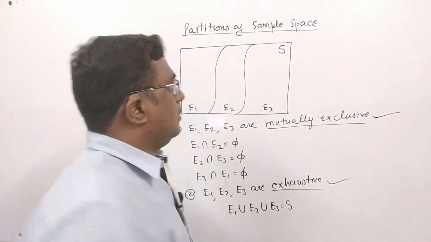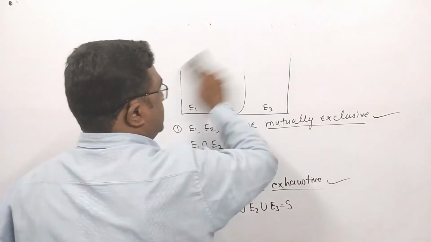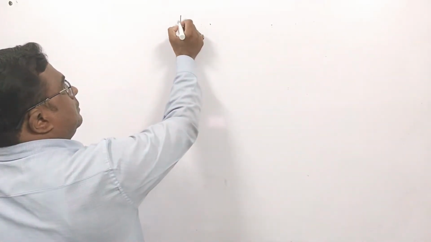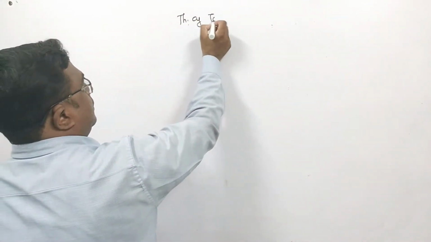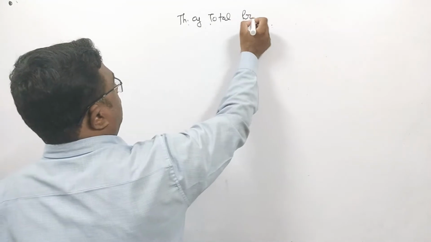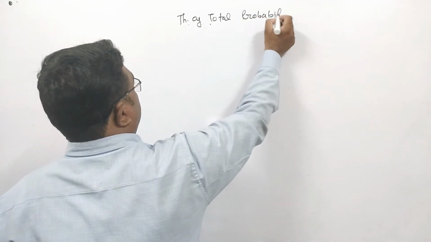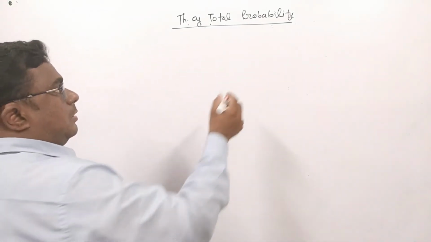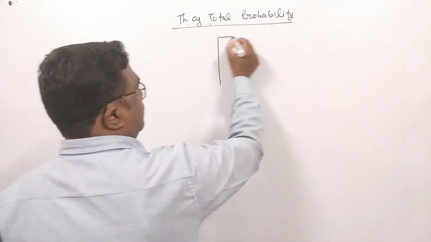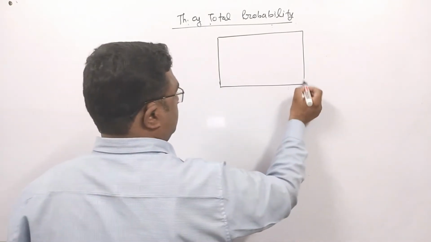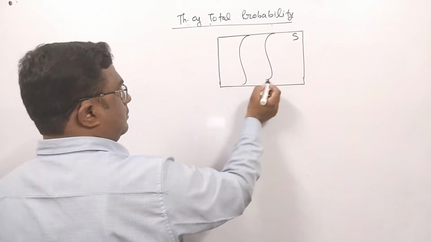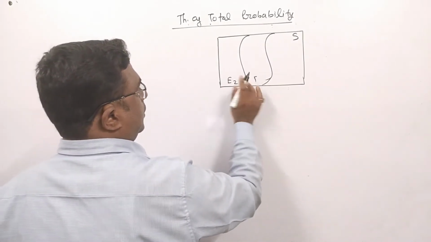Now our next topic is theorem of total probability. Again, suppose it is the sample space and I am taking 3 partitions again, but it is not fixed.